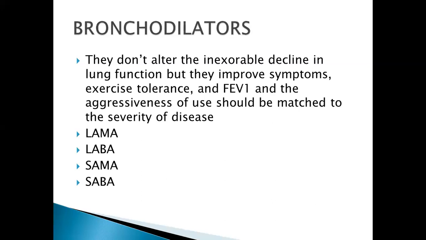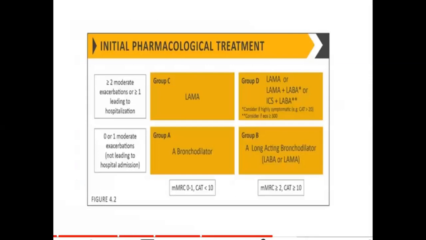That is the short-acting muscarinic antagonist and then the short-acting beta agonist. And so the long-acting muscarinic antagonist is actually what they recommend for the management of the stable patient in COPD because of its effectiveness in the management of the condition as compared to the long-acting beta agonist.